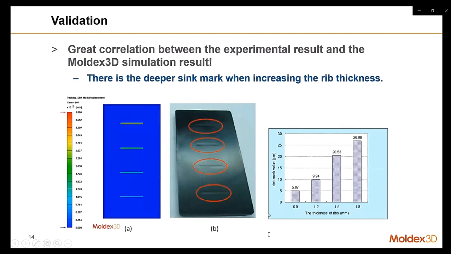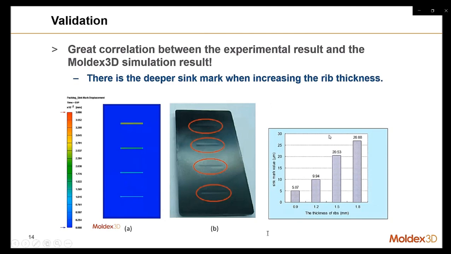We also do the measurement on the part, and we can see the value. The measured value is very small, so we need to use accurate equipment to do the measurement. And we get a very good correlation between the simulation and the experimental result.